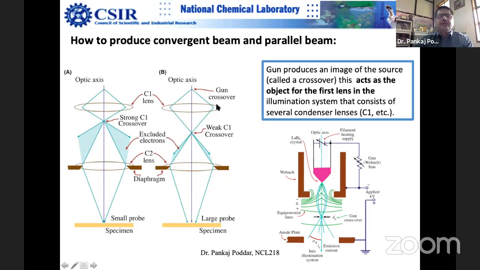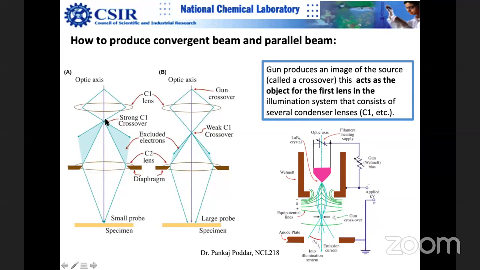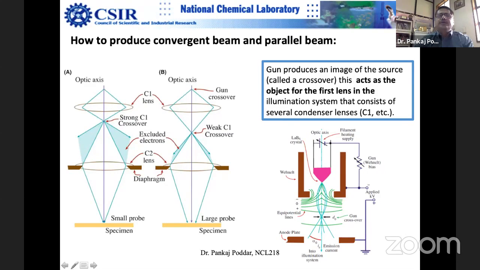If you make this lens stronger, you just have to turn the knob, and you can increase or decrease, like the regulator of your ceiling fan, exactly the same way, nothing much different, right? So you can change the C1 setting, and it's a strong C1 crossover, right?